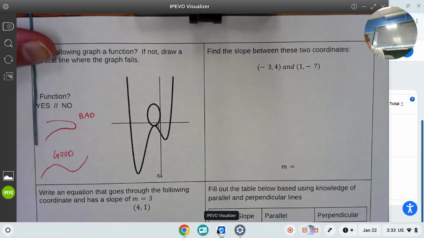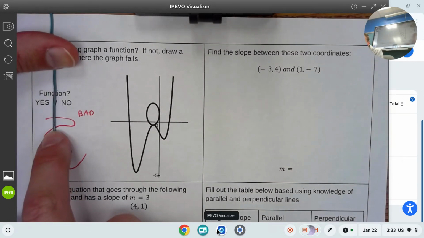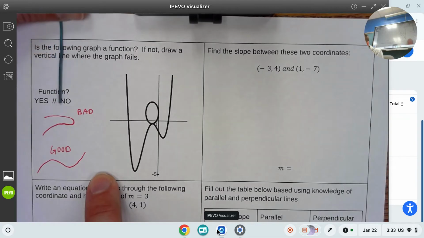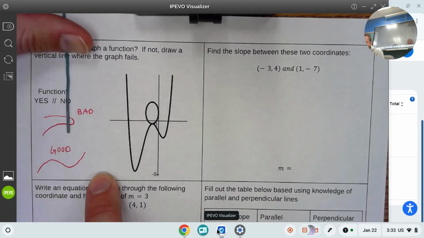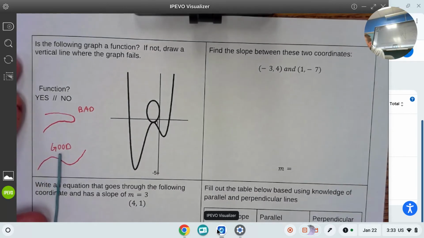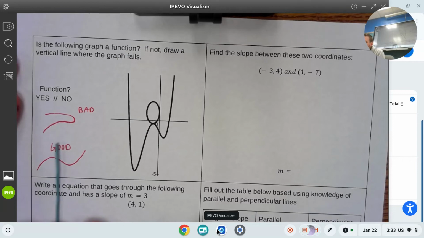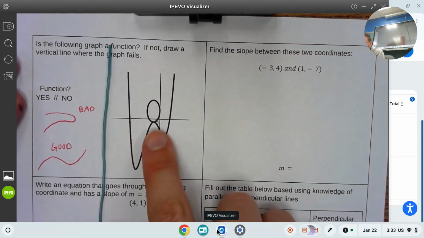So for the bad graph, you can see how we're touching twice. 1, 2. So this is bad. But if you look at the good graph, it's just one time the whole way. So for our graph, it's very weird looking.